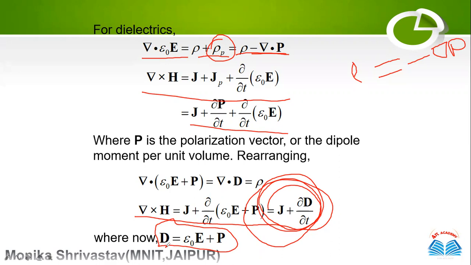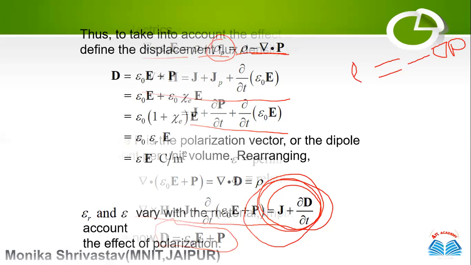Just read those formulas once a day, and I'm sure you will be able to solve all the questions of electrostatics. Why is electrodynamics hard? Because there are more than enough formulas we have to use in our questions. So make a strategy to learn them.